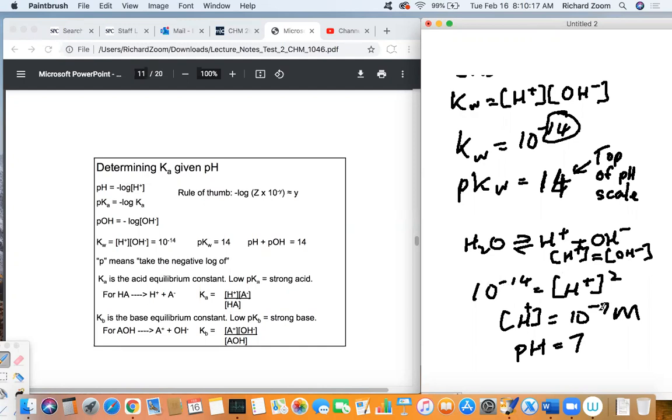I mean, you can try it in your calculator, and you'll see that that'll be the case. So it's not 2 times H plus, it's H plus times H plus, because up here it was H plus times OH minus, and we're replacing that with H plus. That's where the squared comes in. Is that okay, Alexandra? Yeah, that makes sense.